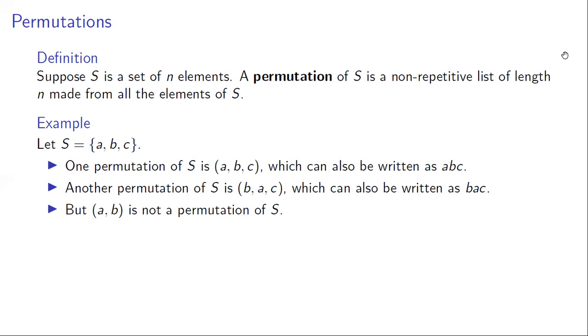However, the list A, B is not a permutation of S because it does not include all the elements of S, and the length of this list is not 3. Similarly, this list A, B, C is also not a permutation of S because it's repetitive, and also the length is not the same as the number of elements in the set.